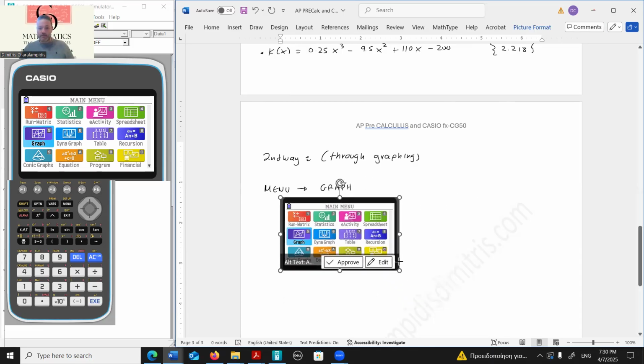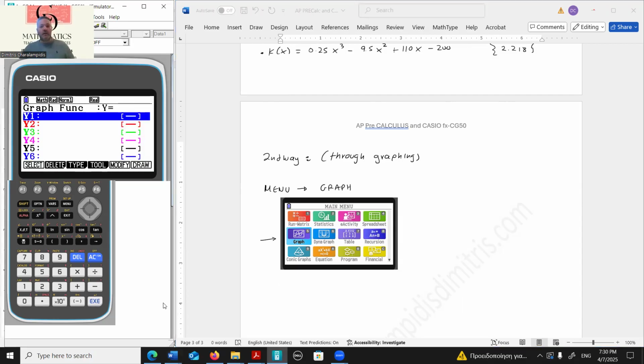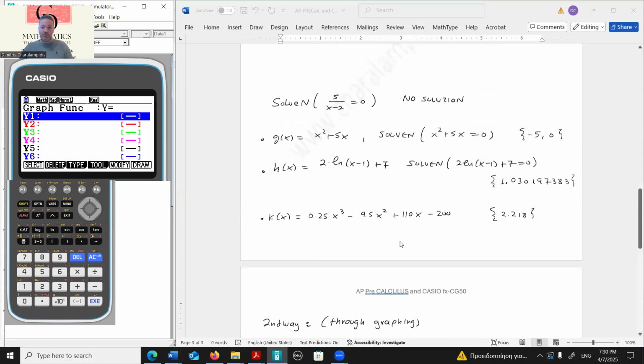So this time we will be doing the graph. Exe, and there you are. Up here in the Y1, we should put our given function. For us, let's use the same one.